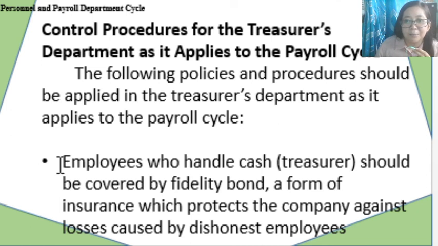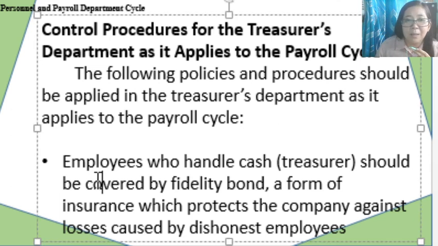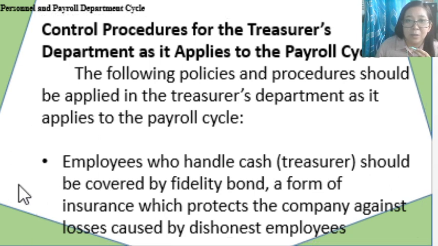And lastly, employees who handle cash, normally this is the treasurer, should be covered by a fidelity bond. This is a form of insurance which protects the company against losses caused by dishonest employees. We've mentioned this also under the disbursement cycle, where the treasurer or someone who handles the cash should be bonded.